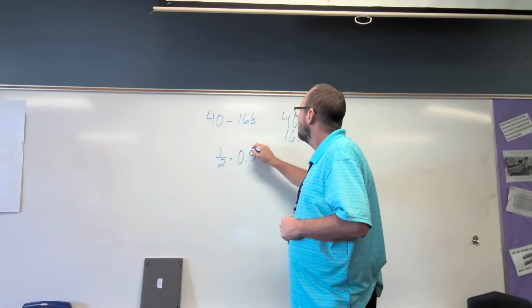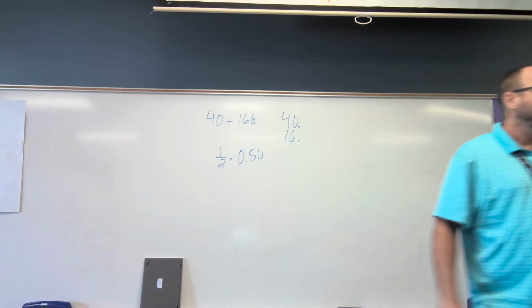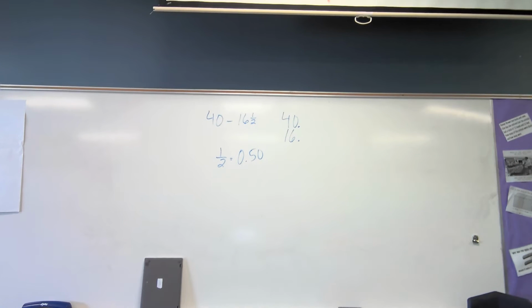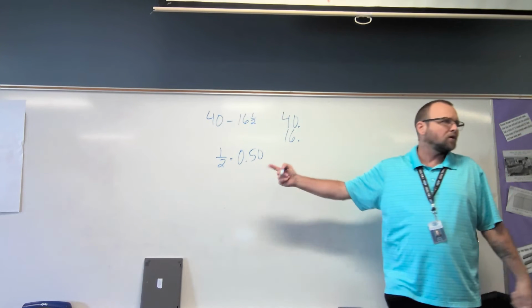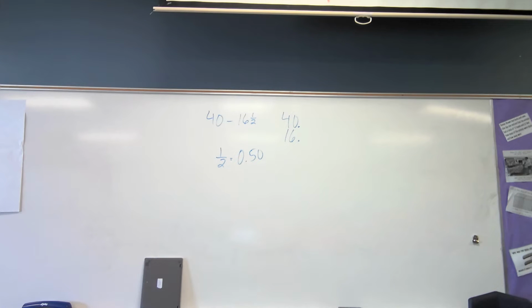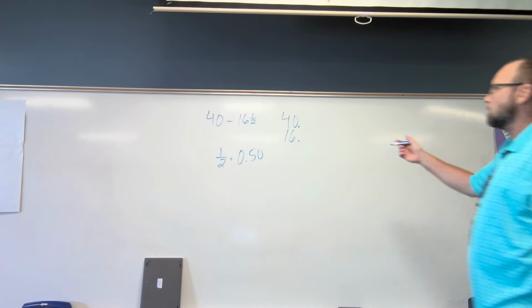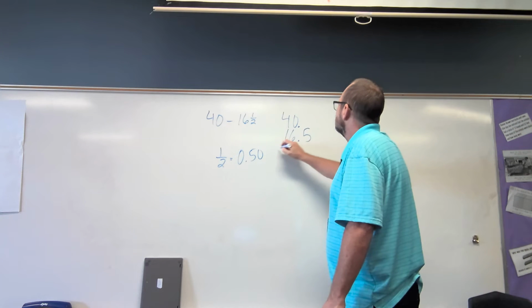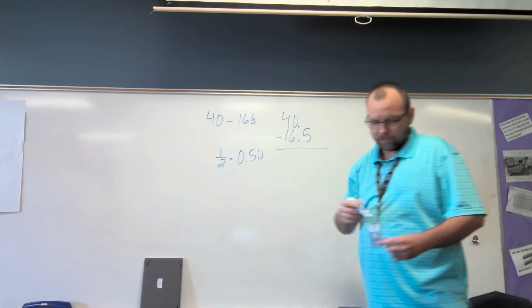So 1/2 is the same as saying 50 hundredths or 5/10. That is what 1/2 is. I can leave that 0 off because it's 0 hundredths. That means I have 5/10, and it doesn't change. We already said this was subtraction.